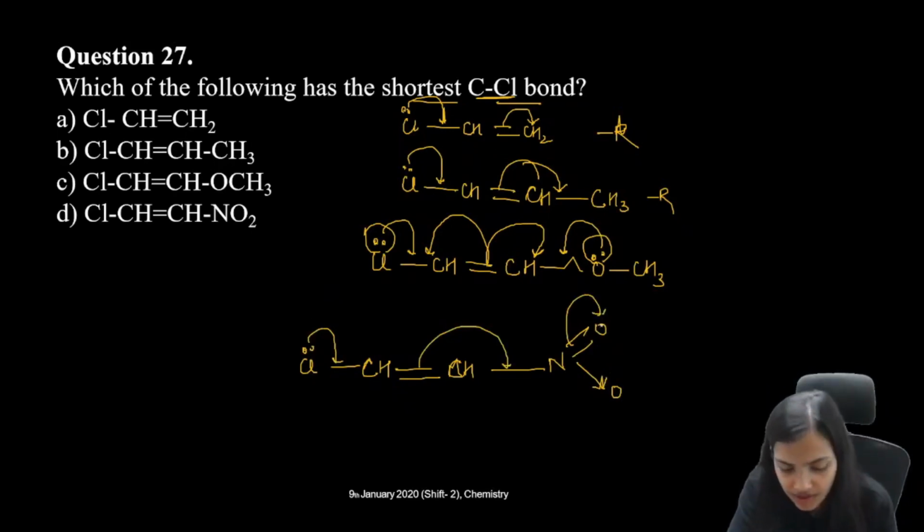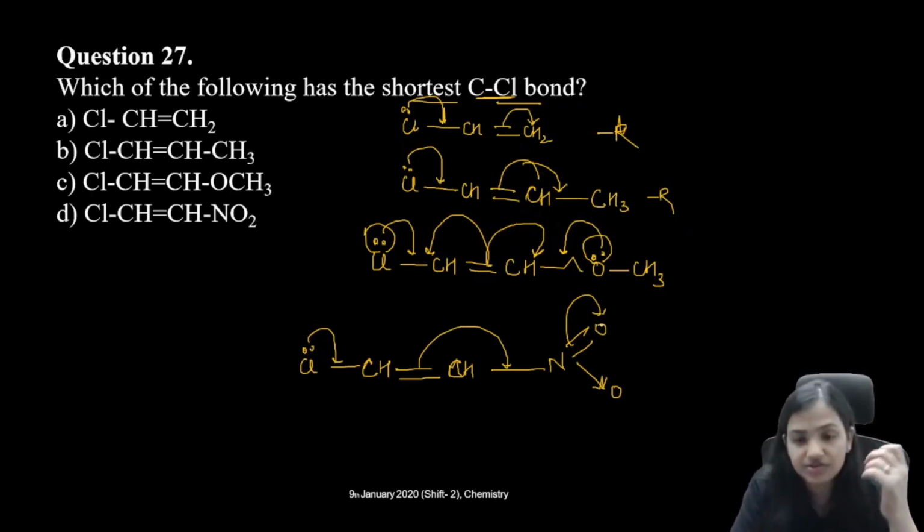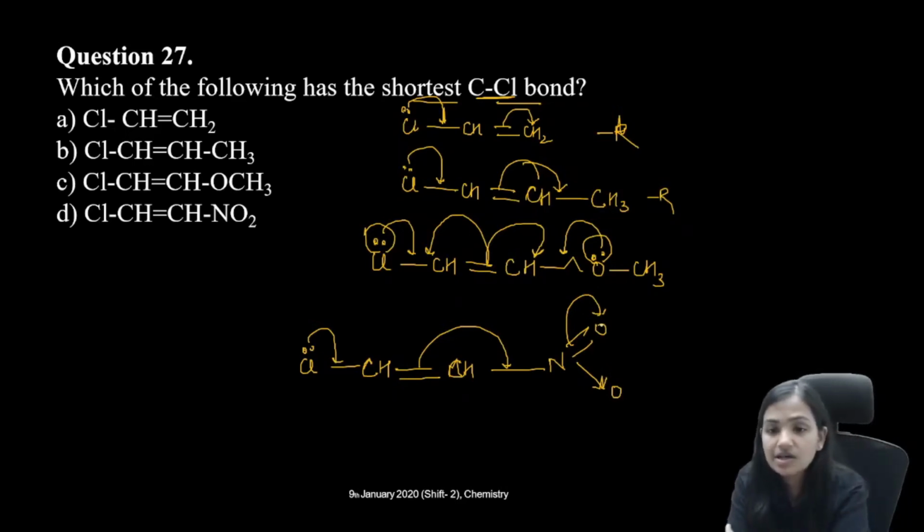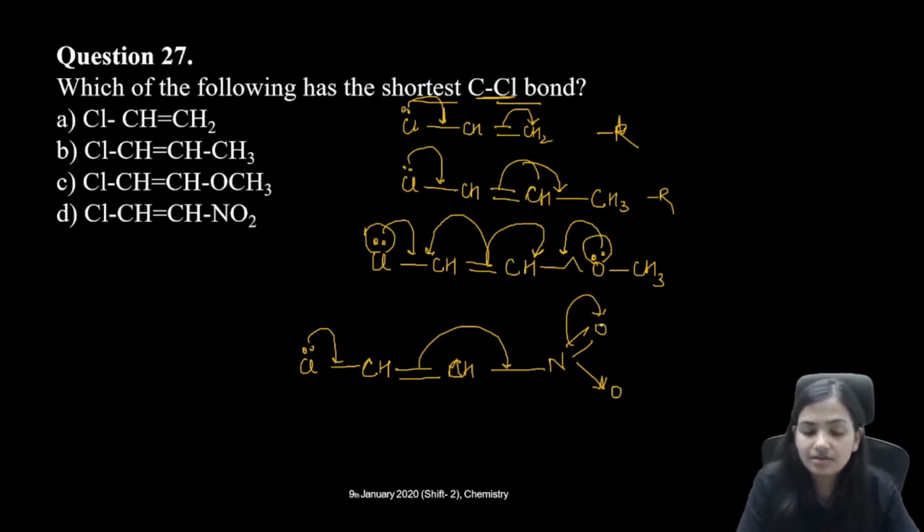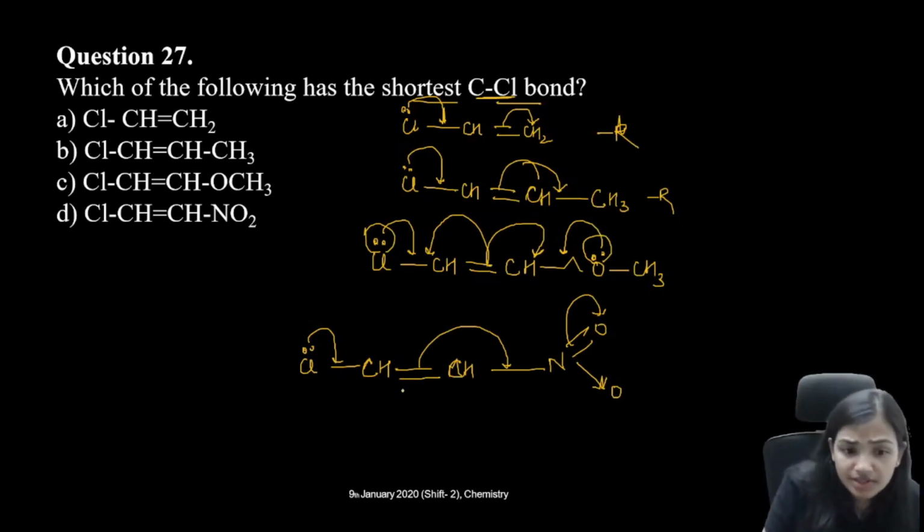No, it's not about the highest resonating structure, or the more number of resonating structures. It's just about how strong the electron pulling group is. So more will be the resonance.